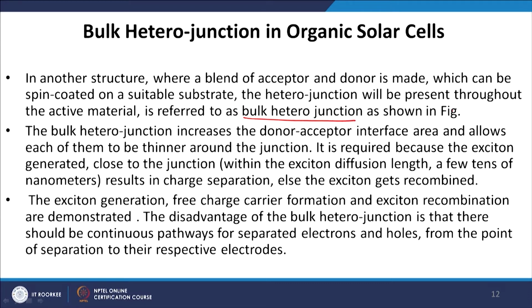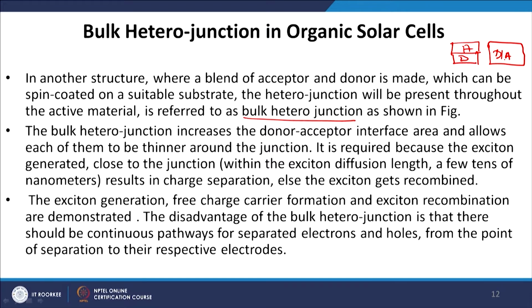In a bulk heterojunction solar cell, we do not put layer by layer. You remember, in a bilayer device, we first make a layer of donor material, and on top of that we put a layer of acceptor material. But here we mix the donor and acceptor together and make a continuous film.